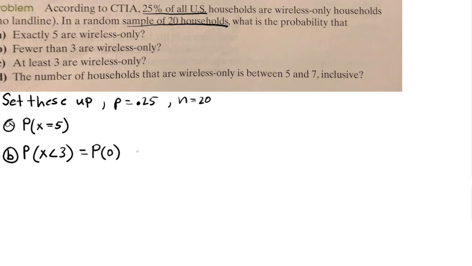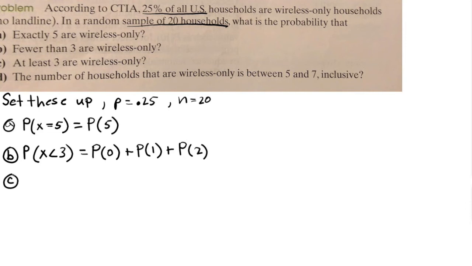Probability of 0 plus the probability of 1 plus the probability of 2. I guess I should make the notation change over here. This is just the probability of 5 by itself.